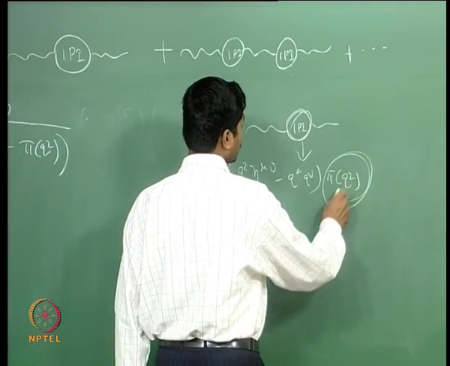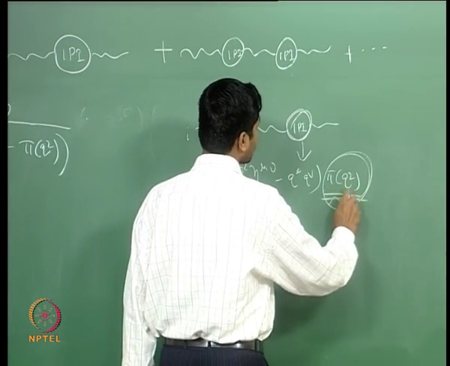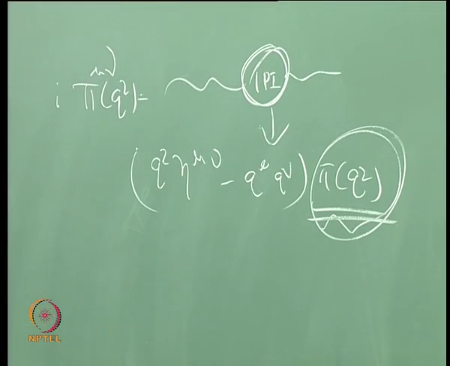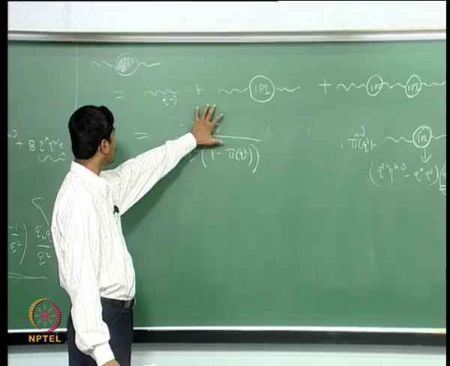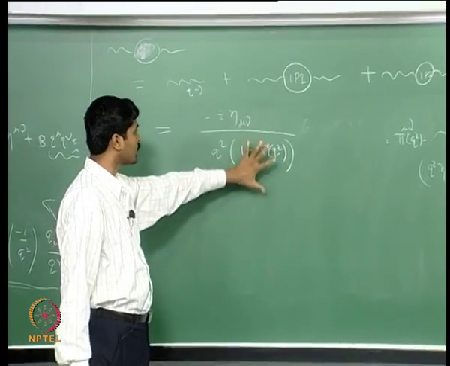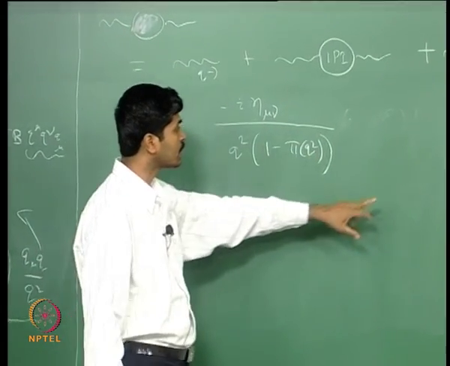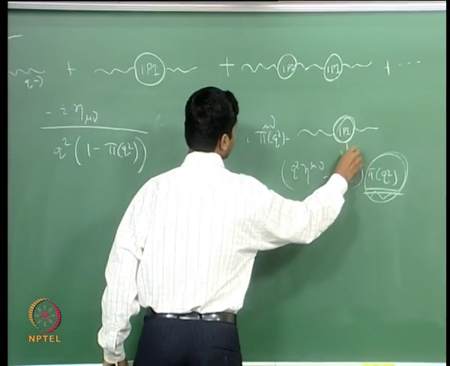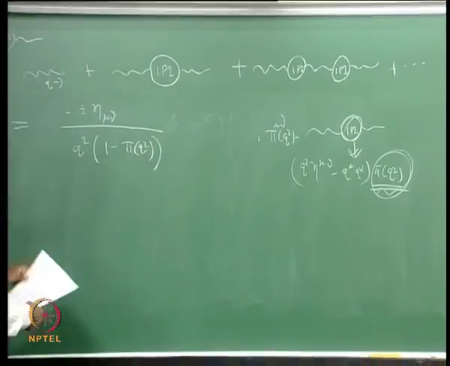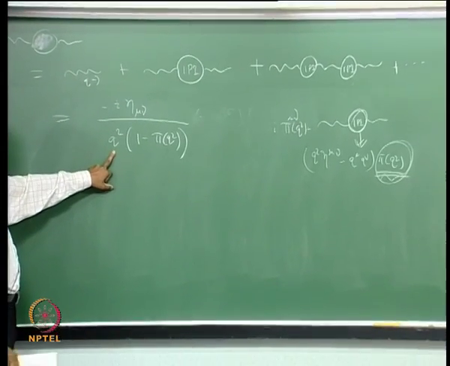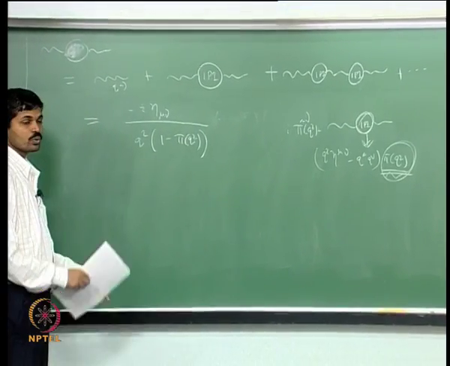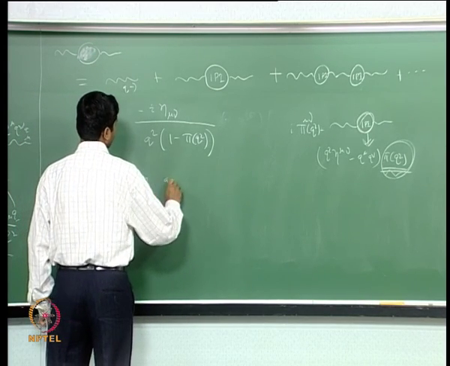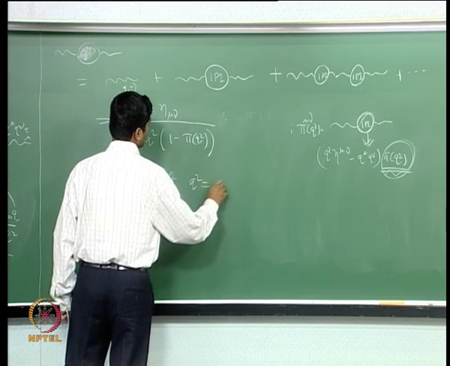So, q square does not vanish, therefore this quantity is finite when q square equals 0, because the full photon propagator has this form. Therefore, this result basically tells us that the full propagator actually has a simple pole at q square equal to 0.